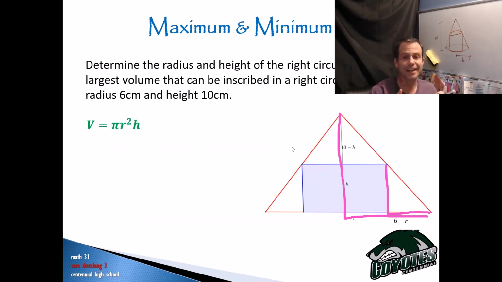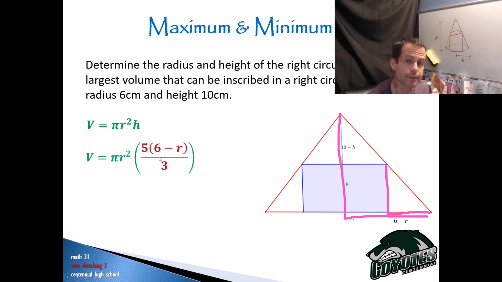Now, I can't start taking the derivative here because I have more than one variable going on. So I'm going to use that h that I just figured out and replace it with that 5 times 6 minus r all over 3. Now I have a way of representing the volume that only uses r on the right.